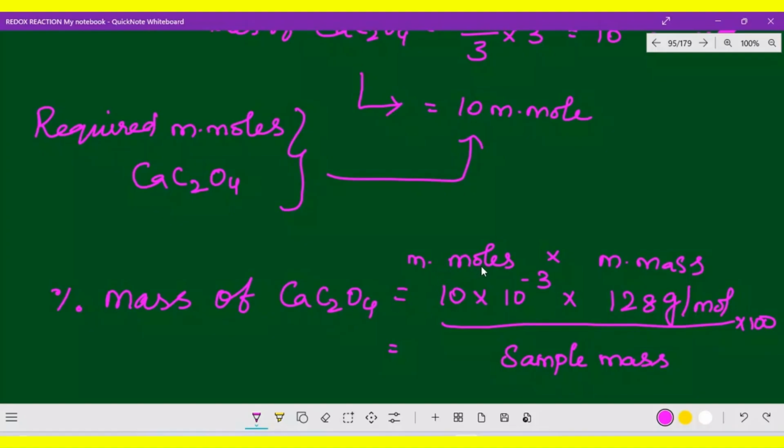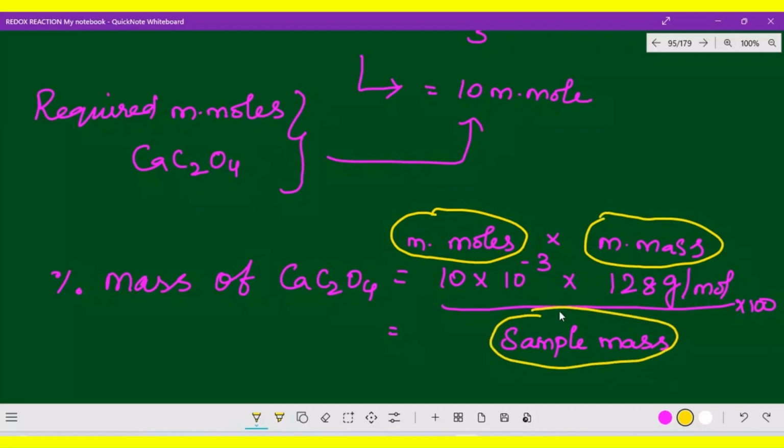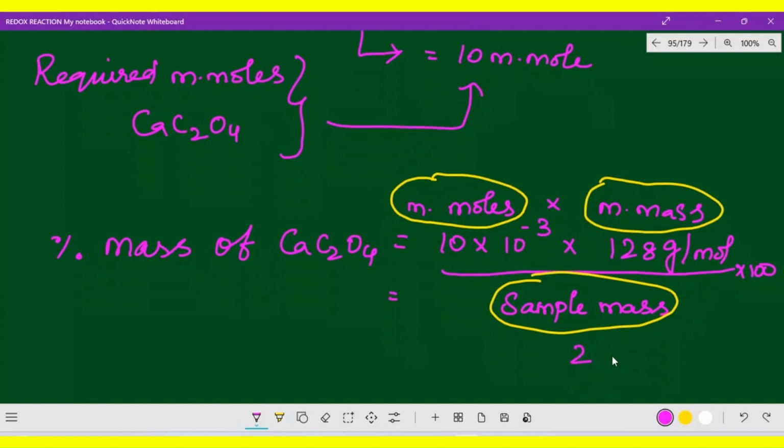So here millimoles into molar mass of calcium oxalate divided by sample mass. See, I have mentioned everything very clearly for you to understand. I explained at this point also for you to remember. Simply you can't apply the values unless you know the concept. How much is the sample mass here? Actually 2 gram.